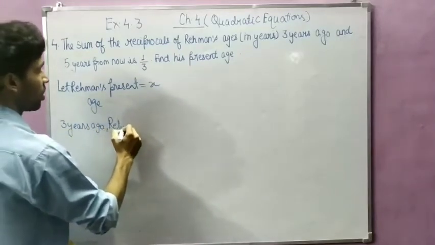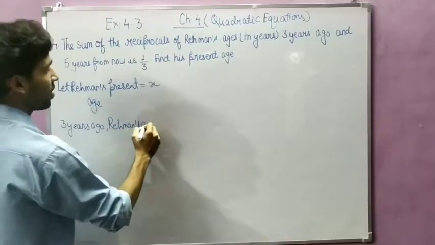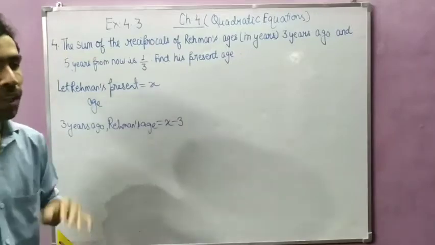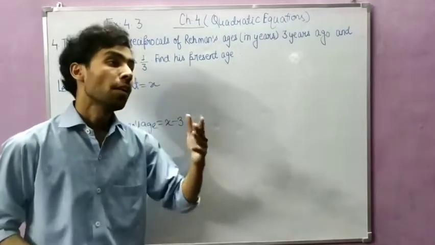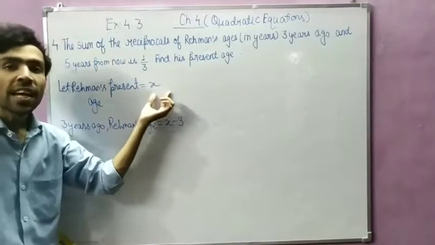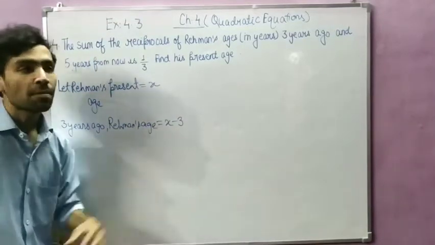Rahman's age will be x minus 3, because it will be less now. If today I am 10 years old, then 3 years ago I was 7 years old. So present age is x and 3 years ago age is x minus 3.